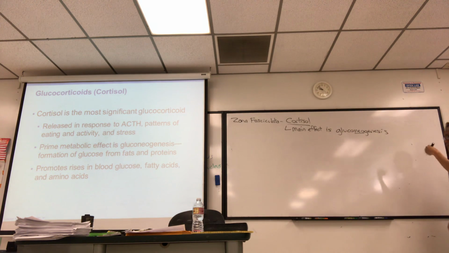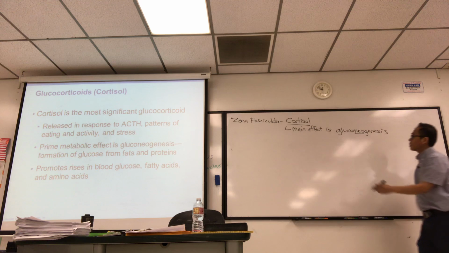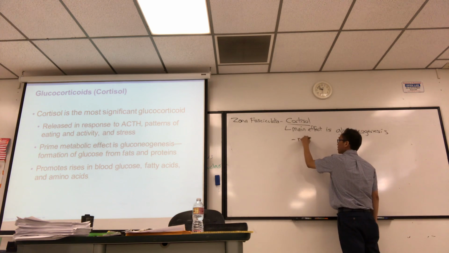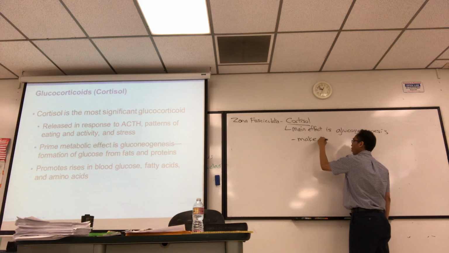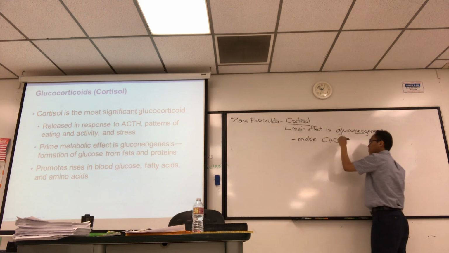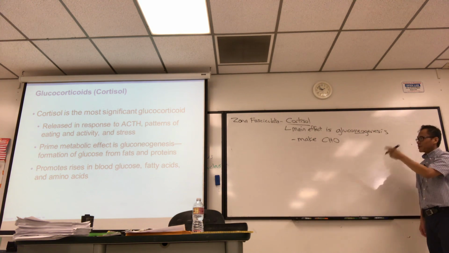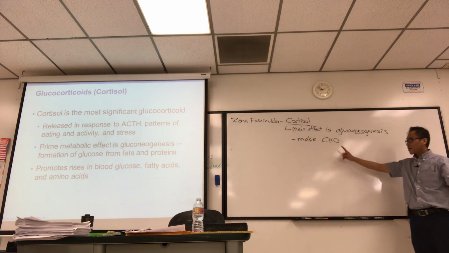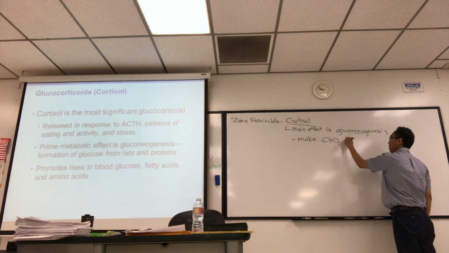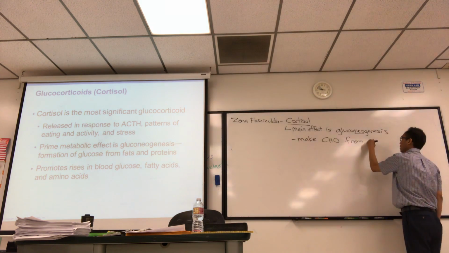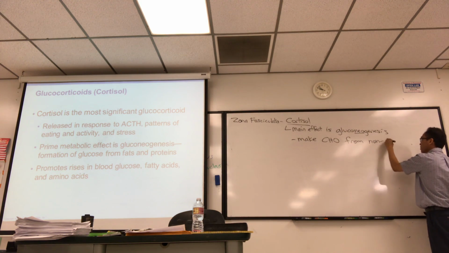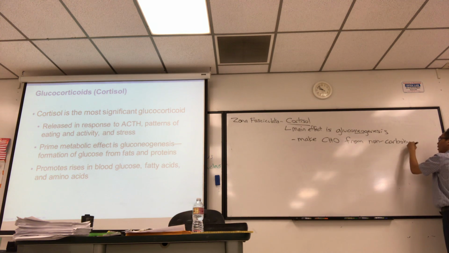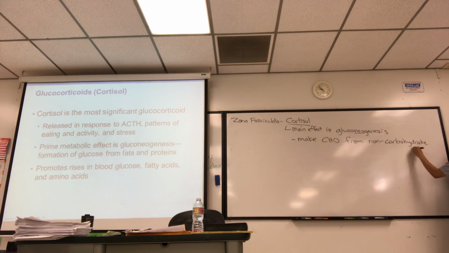Gluco underlying neogenesis. Neo means new. What you're doing is you're creating new carb. Basically, you're making carb. Sometimes I abbreviate carb CHO because the molecular formula is C6H12O6. That's my shorthand for carb. So you make carb from non-carbohydrate sources, namely fat and protein.